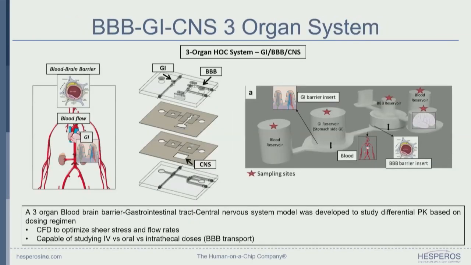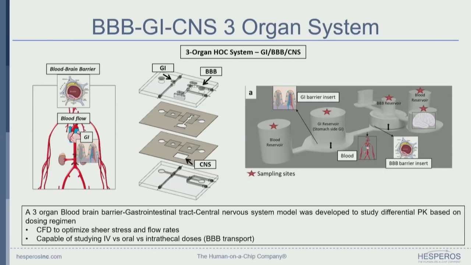If you look at the middle over here, that shows you a schematic of the housing itself. It consists of 2 different layers, and the GI barriers go over there while the BBB goes over there. So how the system itself was built was it's a polycarbonate membrane that's sandwiched between 2 pieces of PDMS, and they are inserts that you can culture your barrier tissues outside of the system before implementing them into the system.